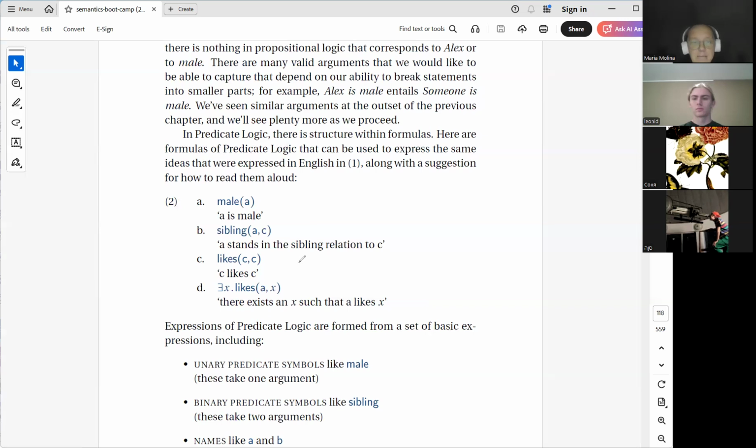And if we include quantification, right? Then, well, those corners of opposition.